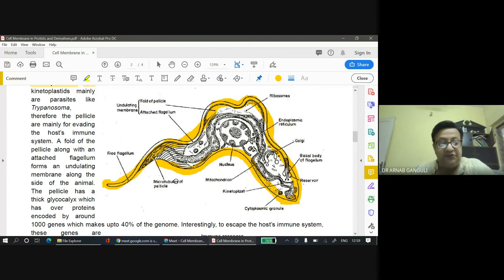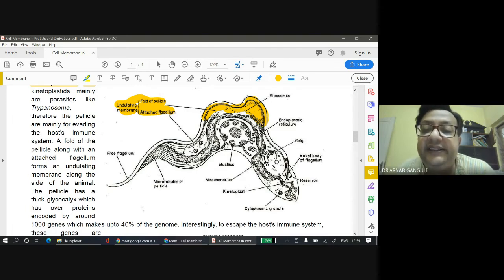The first thing which you find is this region, which I am highlighting in yellow. This is an undulating membrane. It is a fold of the pellicle. The pellicle folds into a membrane-like structure known as undulating membrane.